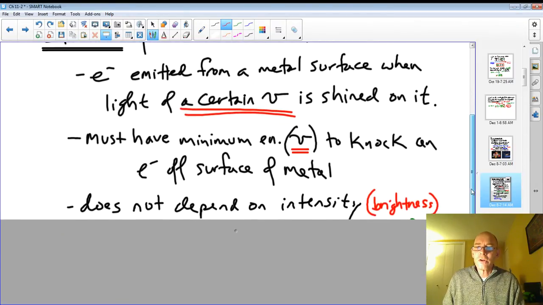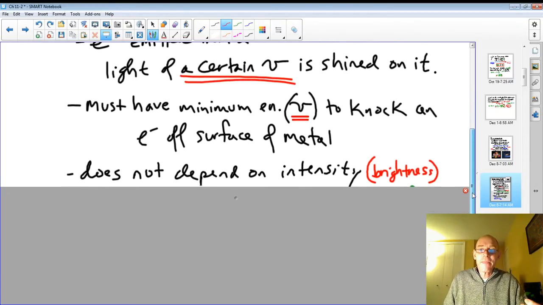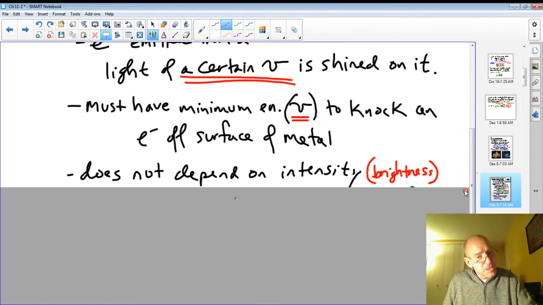There's a kind of threshold. You can crank up the brightness of that light, and still no electrons will get knocked off.